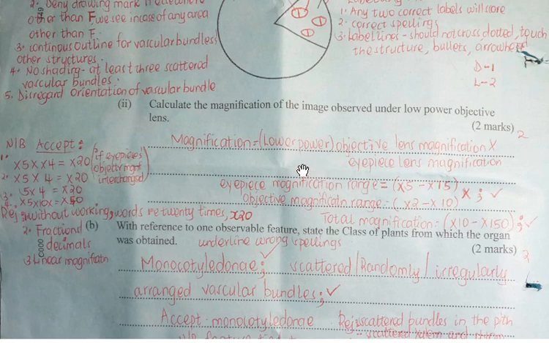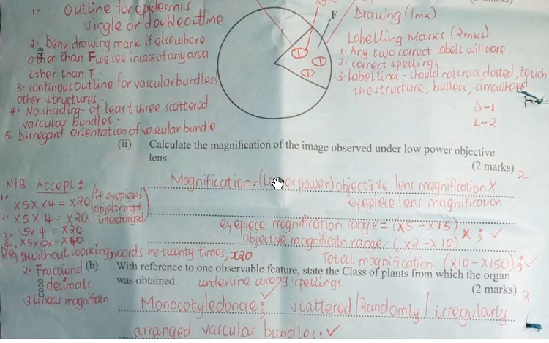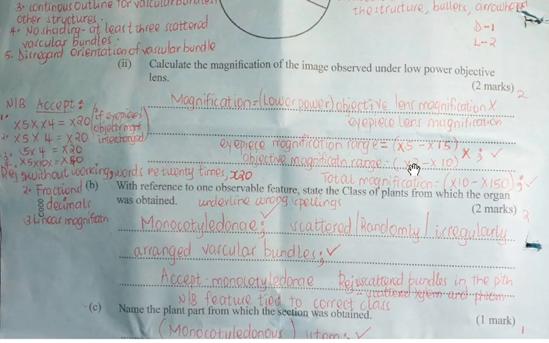Roman 2, calculate the magnification of the image under low power objective lens. The magnification of a microscope is objective lens magnification times eyepiece lens magnification, and in this case they have specified low power objective lens, which was between 5 and 15. Then eyepiece lens magnification was between 2 to 10.